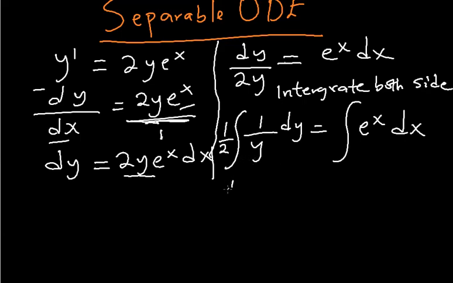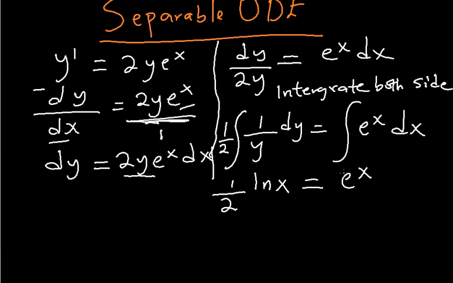If you integrate 1 all over y, the reciprocal of y, that's going to give you ln y. Pardon me, the integral value of 1 over y is ln y, not ln x. And if you integrate exponent of x, you have exponent of x. Now we only have one constant after integrating. We will not have two constants. Please take note of that.